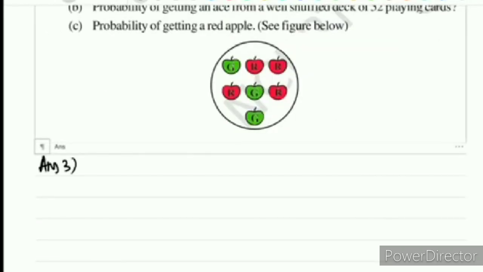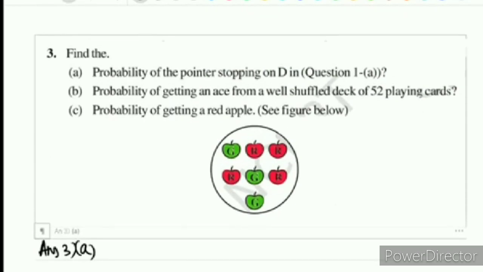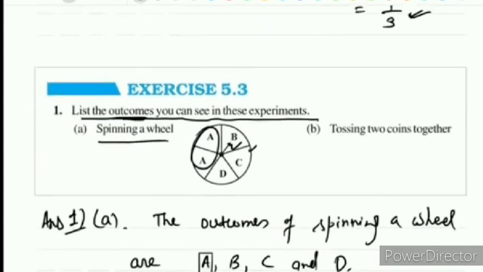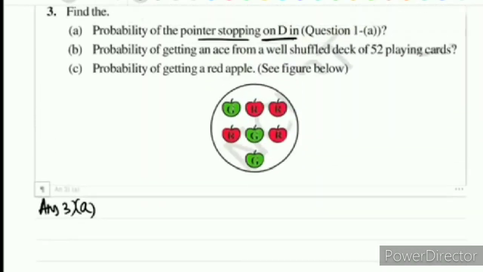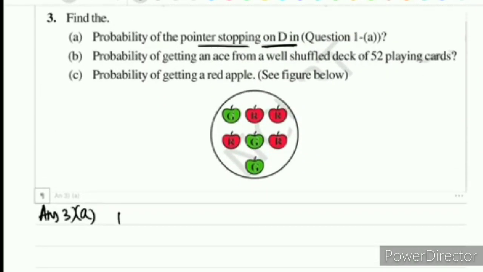Answer: in the spinning wheel there are 4 outcomes, right? The outcomes of a spinning wheel are A, B, C and D, but total outcomes are A, B, C, D, total outcomes are 5.